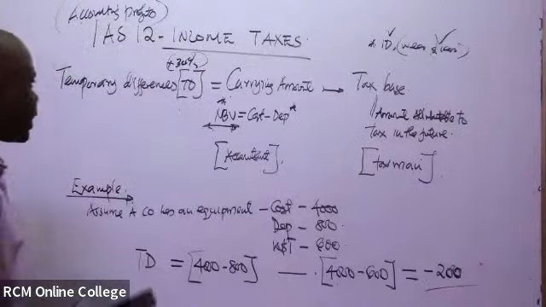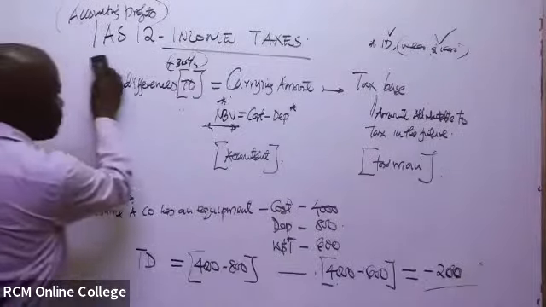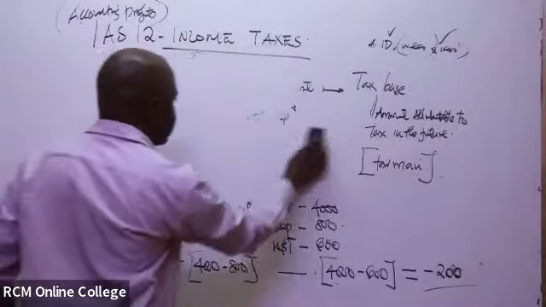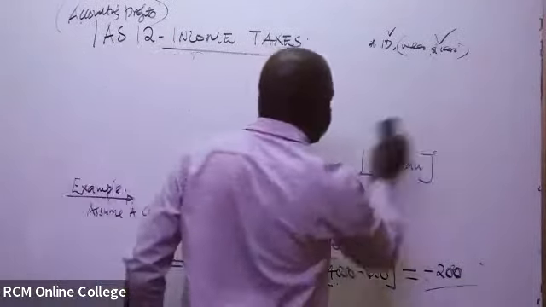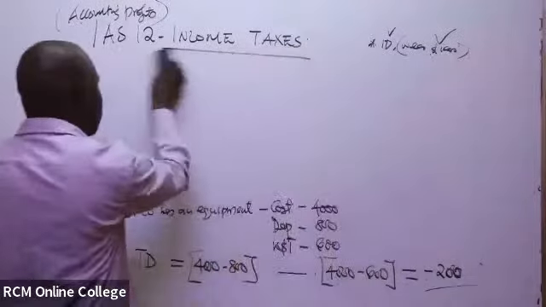You can write something briefly: the types of temporary differences. They are of two.